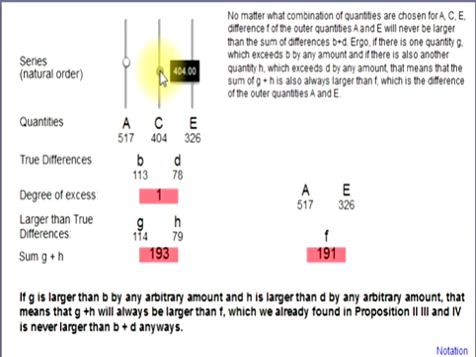It only changes when I exceed one of the outer quantities, or when I am less than one of them. So now I'm less than quantity E. I move away from both, and the sum of differences increases. Or when I'm larger than quantity E, then it increases.